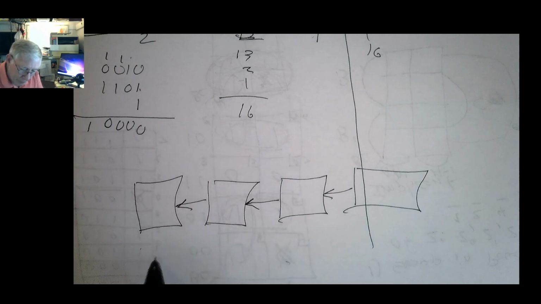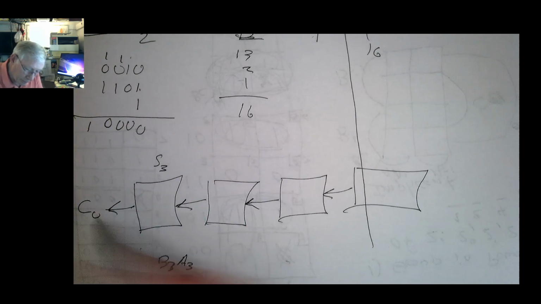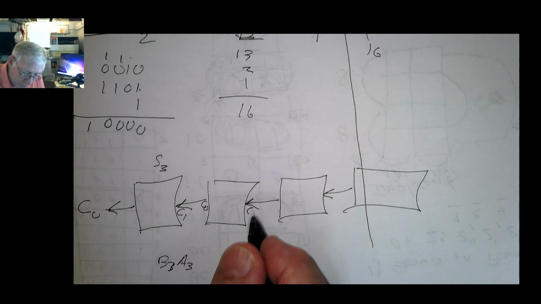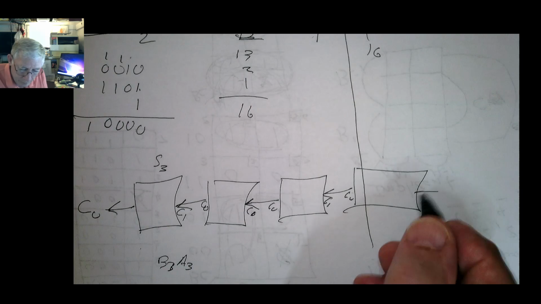We have B3 and A3 in here, and sum 3 coming out, and a carry out here. We have a carry out and a carry in here, and so on down the chain.